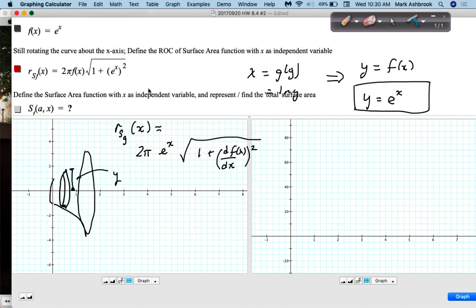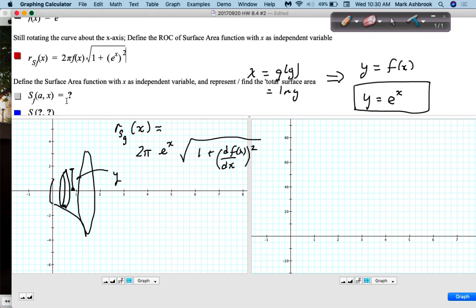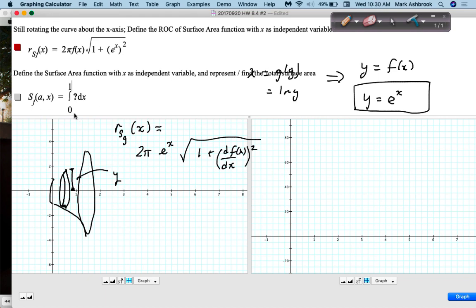That's right. Okay, what's the surface area function? It's such a bummer. Didn't get to the best part. So what is the surface area function? Integral from a to x of R sub s f t. Okay, you can pack up, but don't walk away yet.